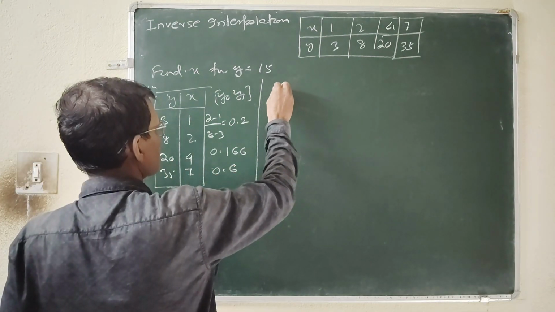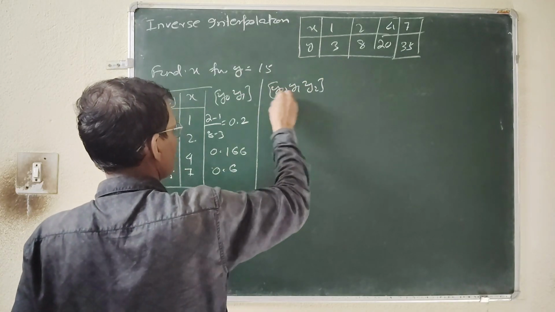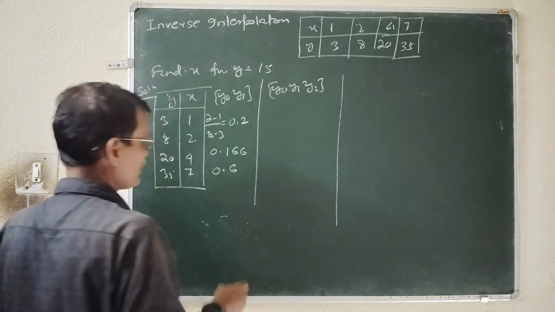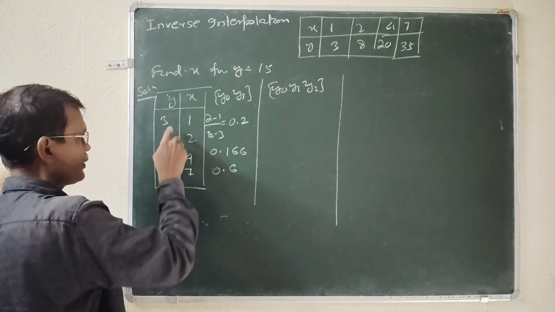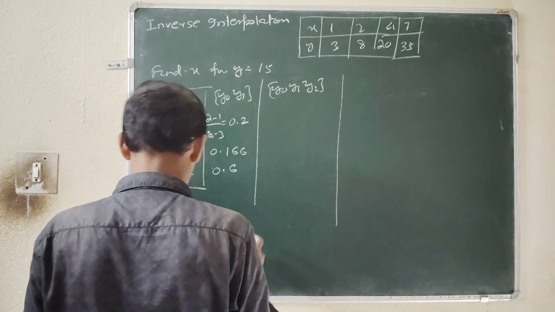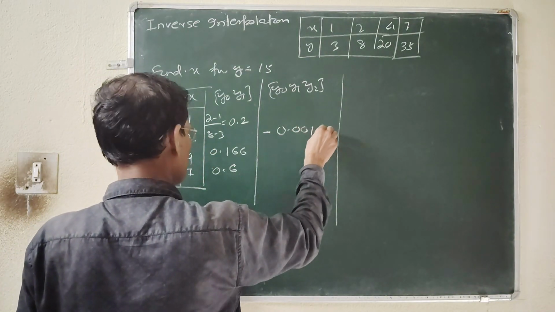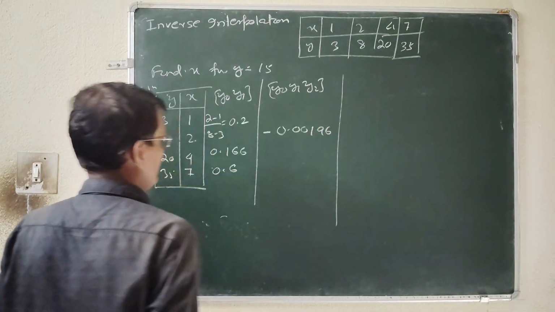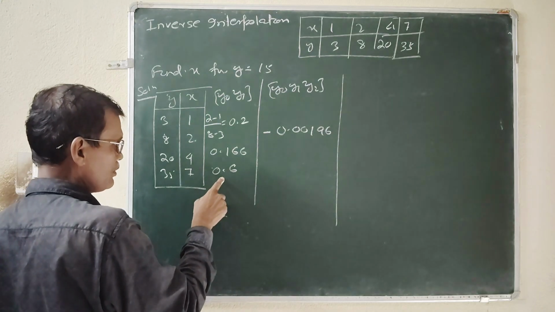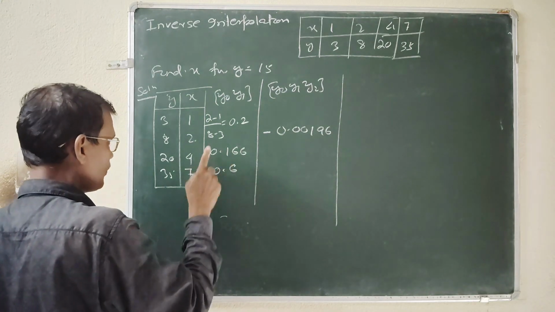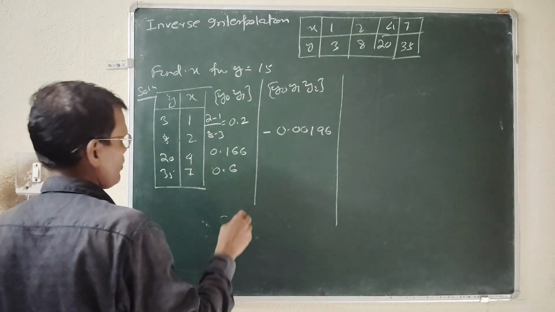Next we calculate the second order, that is y0, y1 and y2, second order divided difference. For this, 0.166 minus 0.2 divided by 20 minus 3. The result will be minus 0.00196. Then for this one, the second order divided difference, this is 0.6 minus 0.166 by 35 minus 8.